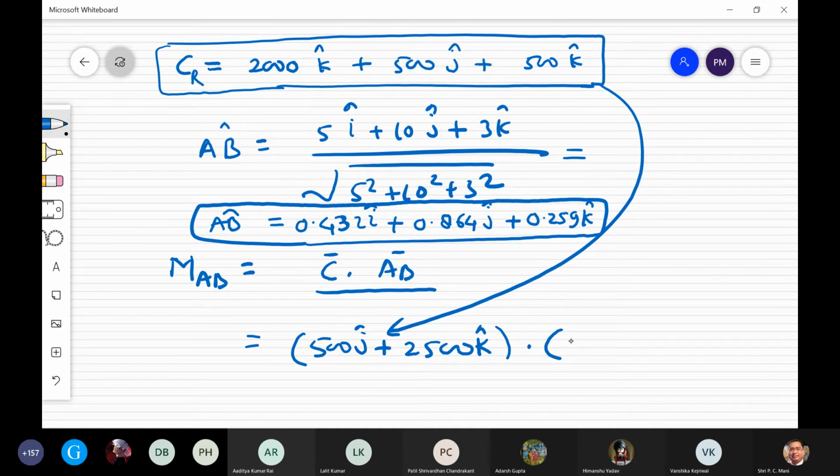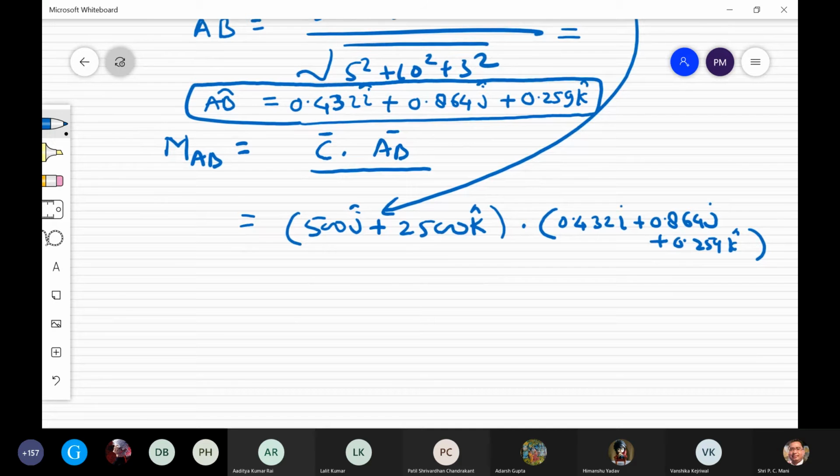So you have to write this: 0.432 I plus 0.864 J plus 0.259 K. Clear? So you have to project this on the AB line. So the moment about AB, that is a scalar quantity, we will get as 1079.5 Newton meter.